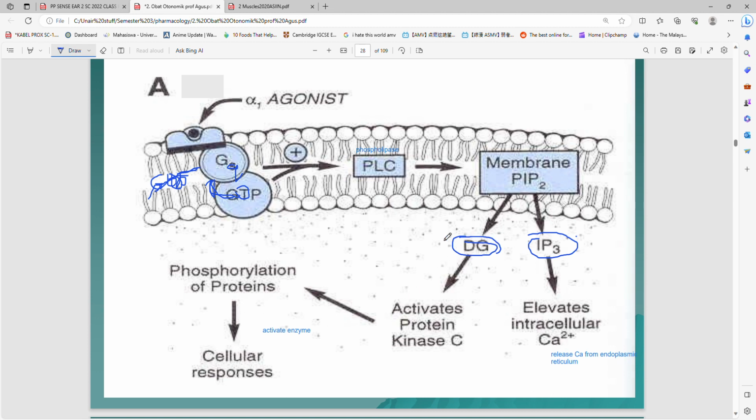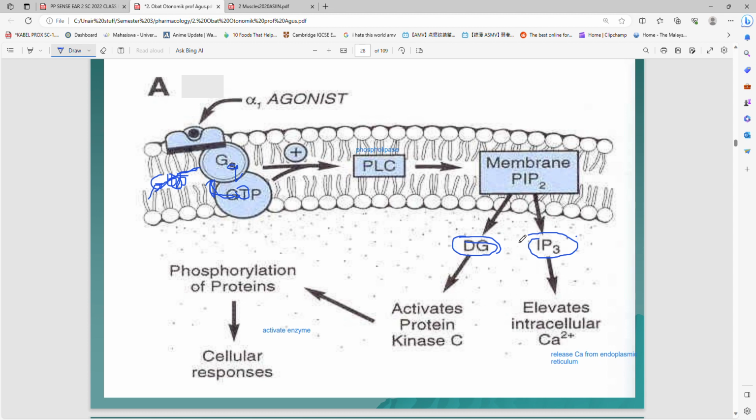So DAG acts as a secondary messenger. Protein kinase phosphorylates proteins, such as enzymes or the receptors in the cell membrane, which can cause the influx of ions like calcium ions, chloride ions, and then the cellular responses will be initiated. So this is what the DAG will do.